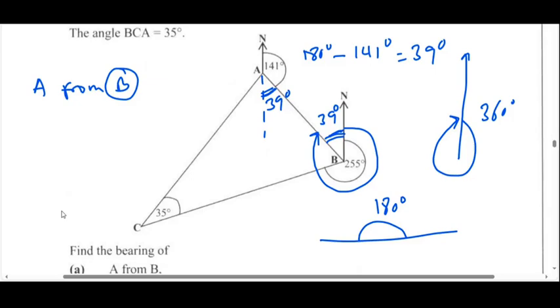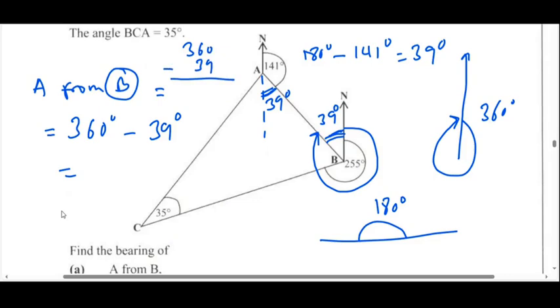So to find the bearing of A from B, we are just going to say the bearing of A from B is equal to the complete angle, which is 360 minus 39 degrees.